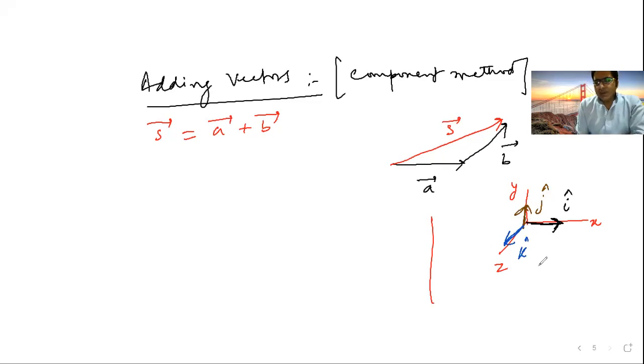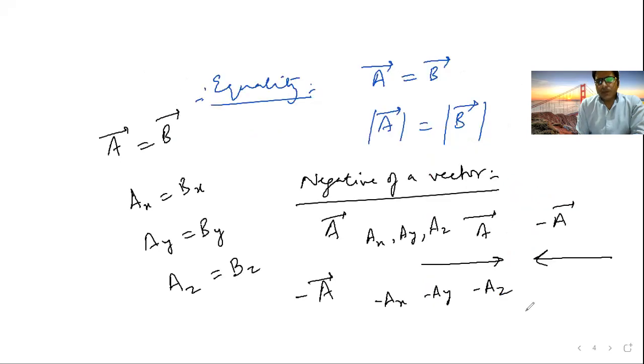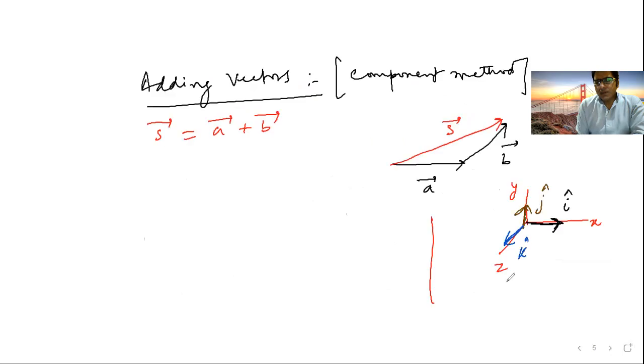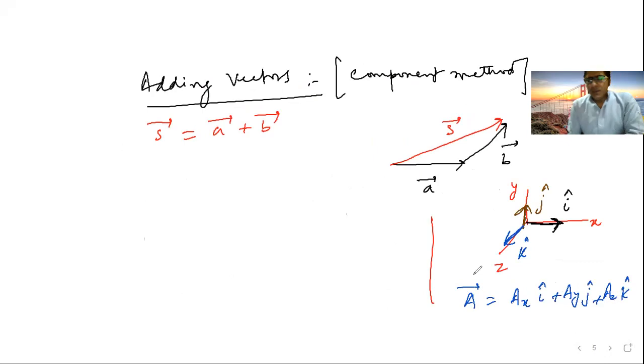Now, if I have a vector with components AX, AY, and AZ, then when I have to write it in unit vector notation, we write it this way: AX I cap plus AY J cap plus AZ K cap. This is a way of writing a vector in unit vector notation.